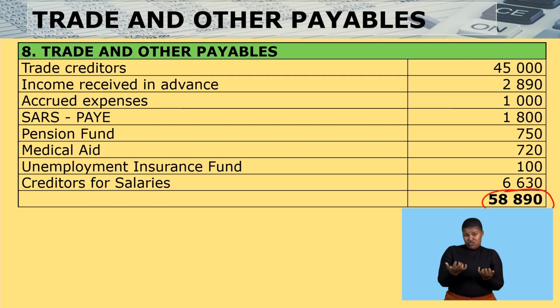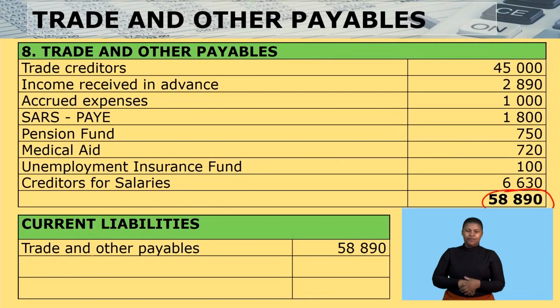Therefore, the amounts that we get from note number 8 must be taken to my statement of financial position under my current liabilities. So under my current liabilities, I would then have trade and other payables, and I bring my 58,890 down here. There it is, 58,890. So we want to look now, what else can be recorded under my current liabilities?